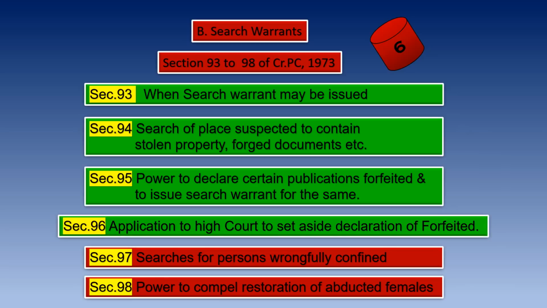Fourth point is Section 96, which says application to High Court to set aside declaration of forfeiture, which has been done in Section 95. Fifth point, Section 97, searches for persons wrongly confined. And the last and the sixth one, Section 98, which says the power to compel restoration of abducted females.